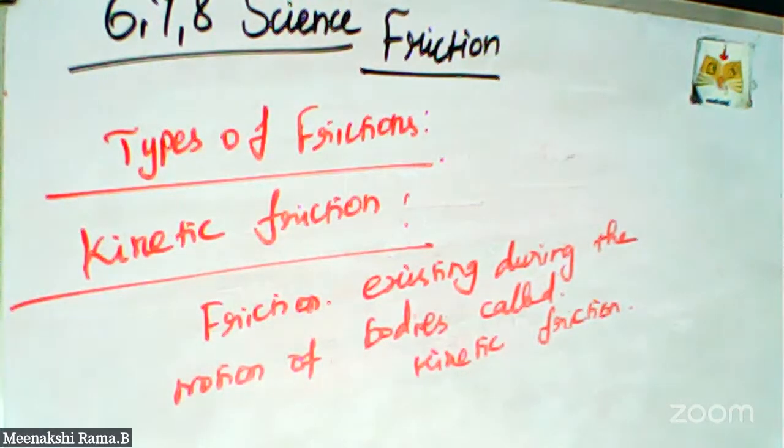Kinetic friction is classified into some kinds. Friction between the surfaces in contact is called sliding friction. When a body rolls over another surface, the friction acting between the surfaces in contact is rolling friction. Rolling friction is less than sliding friction.